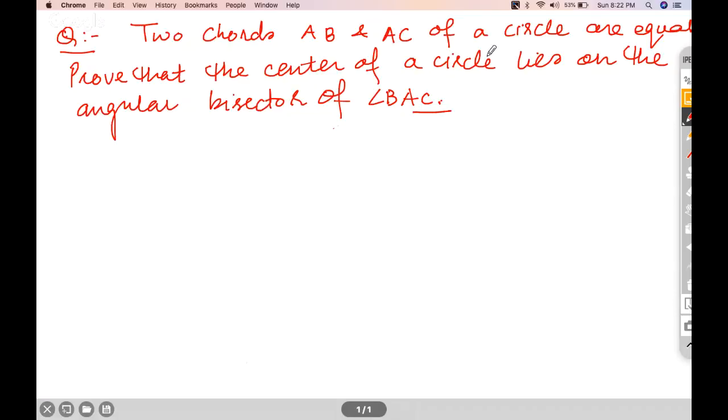Okay, as Gopika is telling me to explain, I'll explain it. So how to do this question? What we need to do over here is, there are two chords AB and AC.